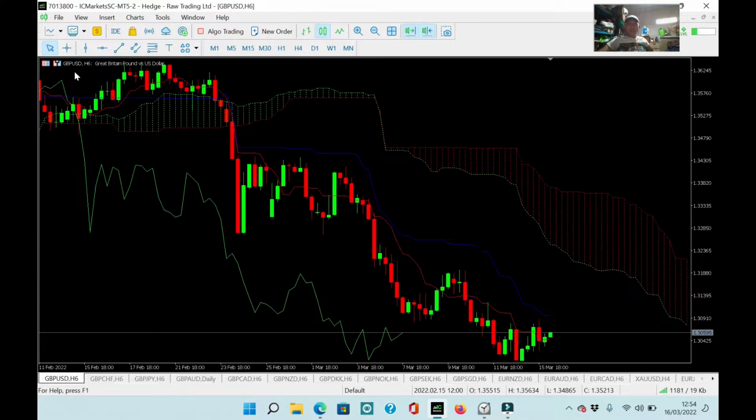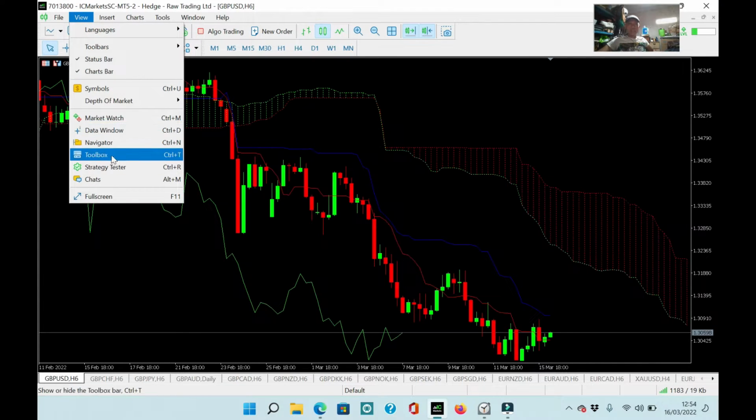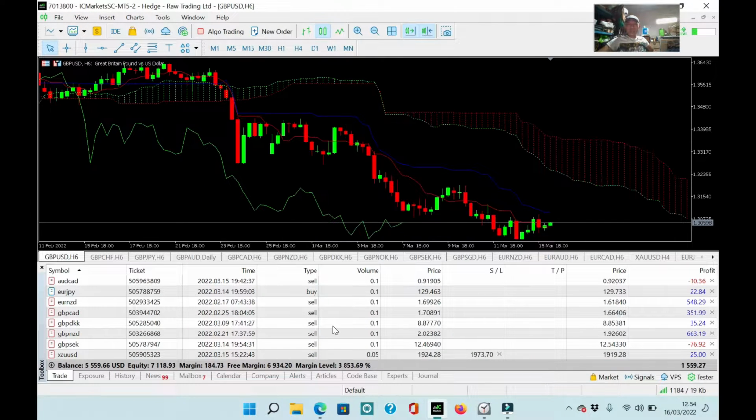First, I always take a look at the positions I have now. They are not really good compared with the previous block that I had. I'm floating 1,500 something and equity is 7,000 something. The margin level is below 5,000, so I think I need to close some positions.